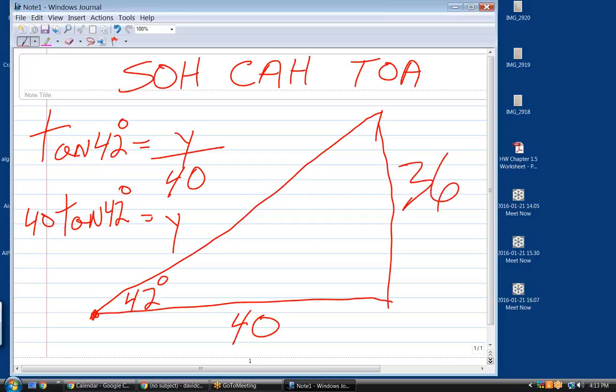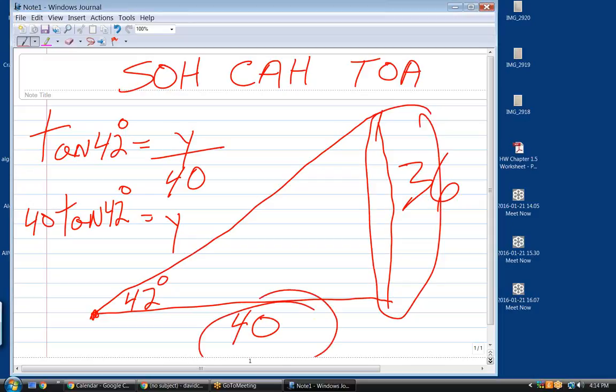And that makes a lot of sense. Because I know that if this were 45 degrees, then this side is going to be the same as this side, right? It would become an isosceles right triangle. So the fact that this is less than 45 degrees means this side should be slightly smaller than 40.